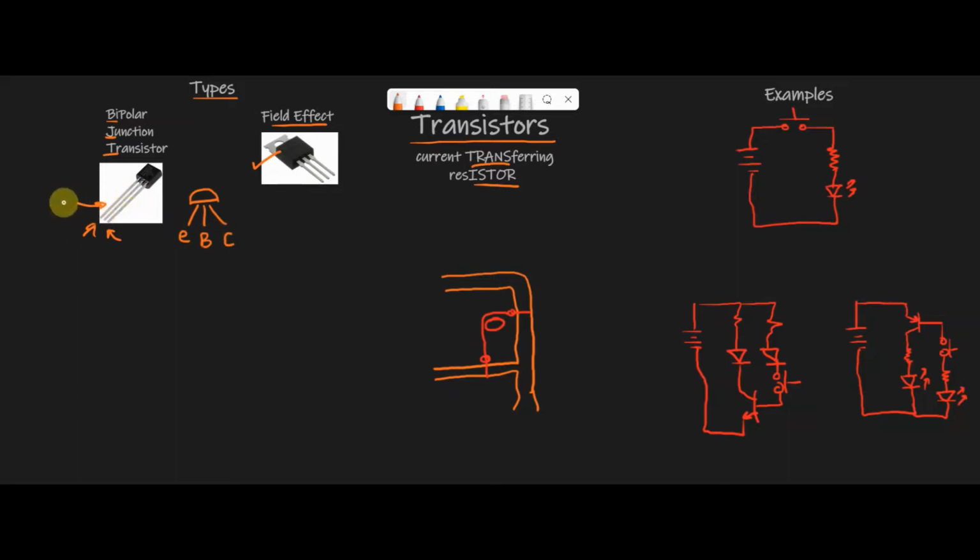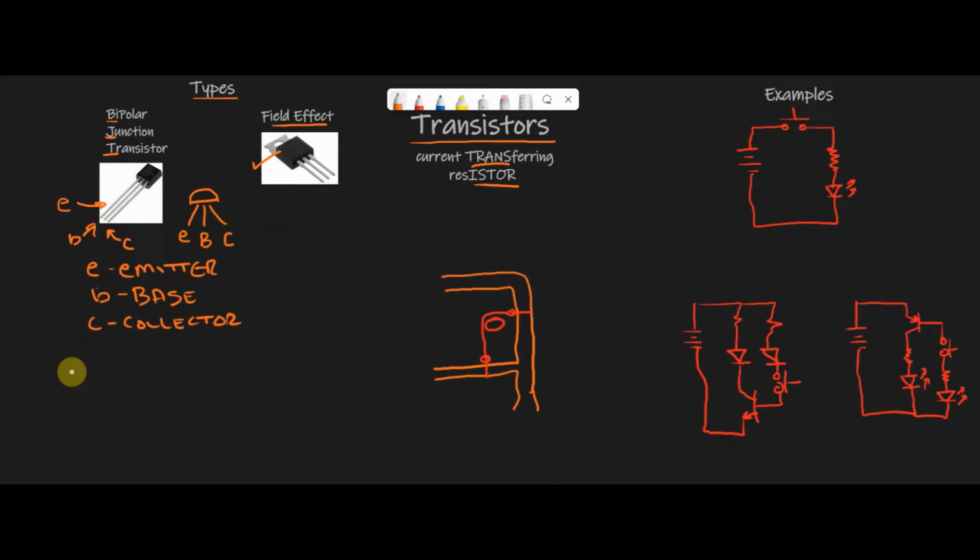As they relate to the pins, this is the emitter, this is the base, and this is the collector. So E is emitter, B is the base, and C is the collector. That's the terminology that we'll be using.